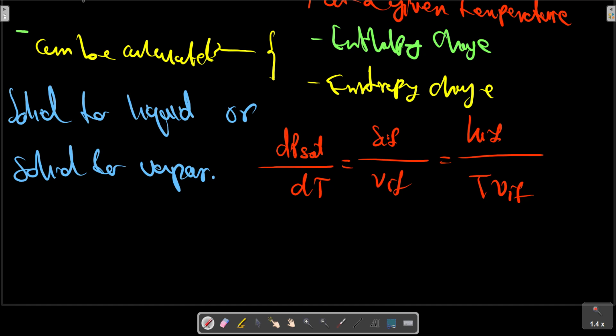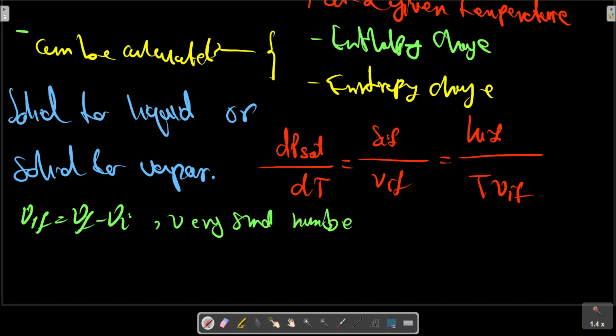We know that vf minus vi is typically a very small number, in this case i for solid and f for liquid, such that the slope of the function is very steep.